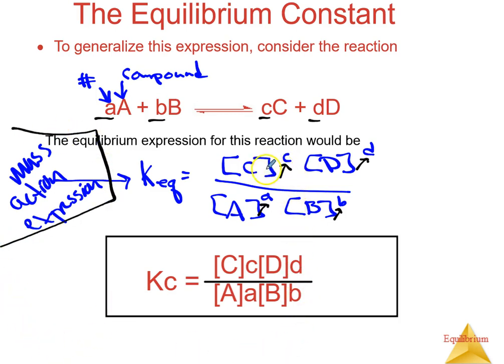It becomes [C] to the c, [D] to the d, over [A] to the a, [B] to the b. You will notice it's your products over your reactants. Who's with me so far? It's kind of nice because whatever the coefficient is becomes my exponent. I don't have to do math to find my exponent, or use a calculator, or do any charts. I find my exponent because it's just the coefficient from the reaction.